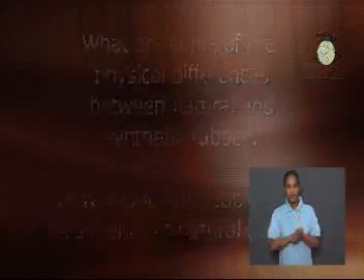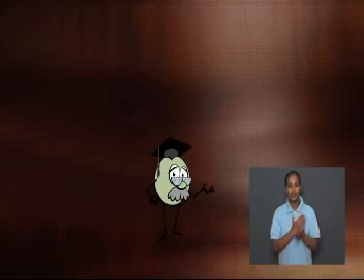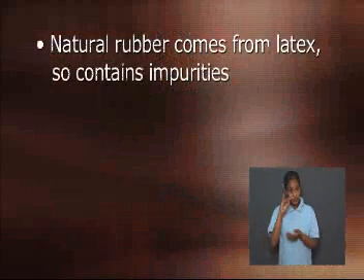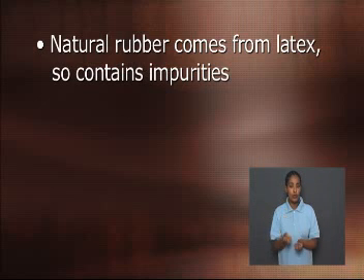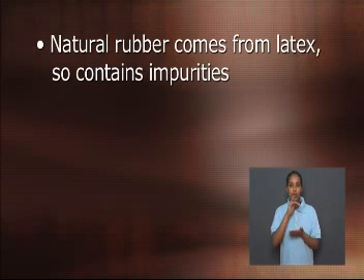Time's up. Let's get back to our lesson. Hello again. I trust you had an interesting discussion. As we have learned, natural rubber comes from latex. Latex is mostly polymerized isoprene that has a small percentage of impurities.